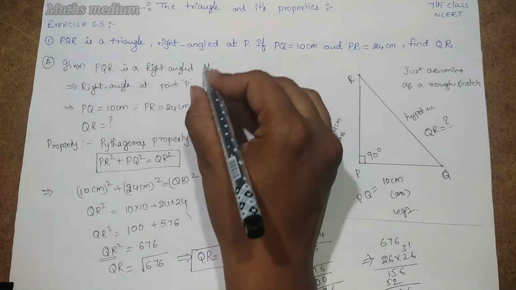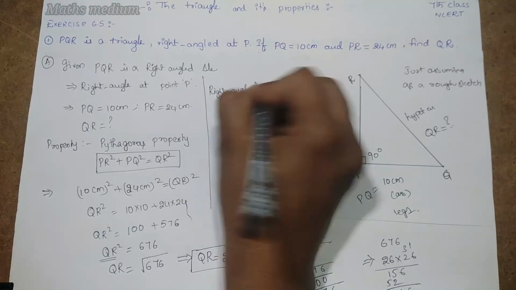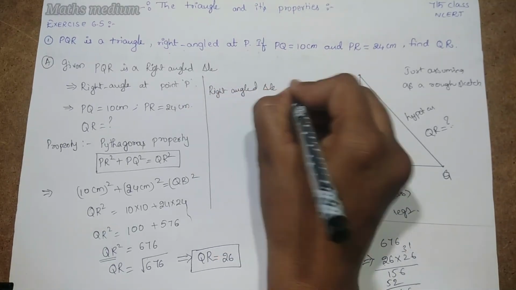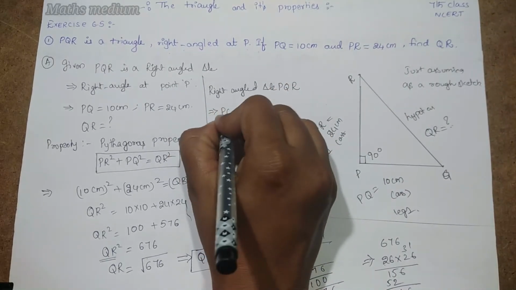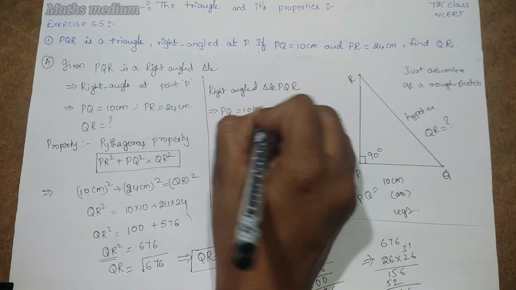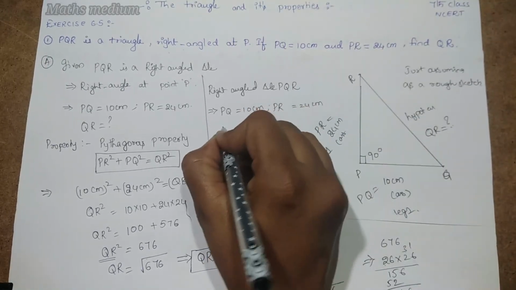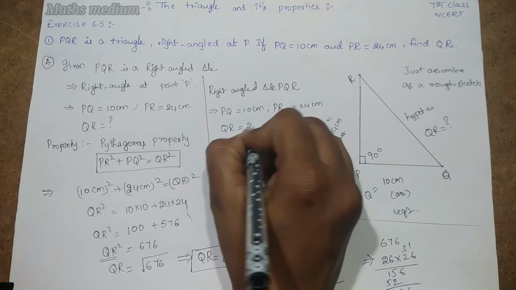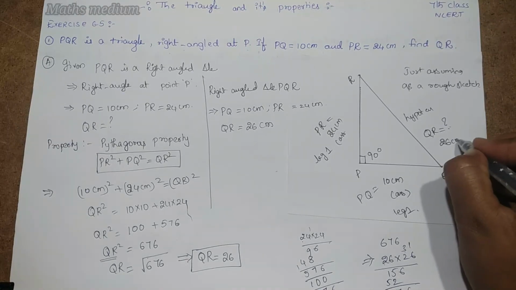Now the right angle triangle PQR is having PQ equal to 10 centimeters, PR equal to 24 centimeters and QR equal to 26 centimeters. QR is equal to 26 centimeters.